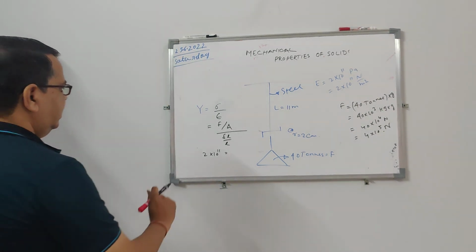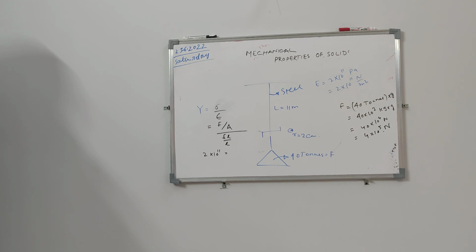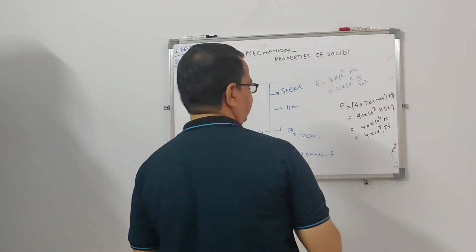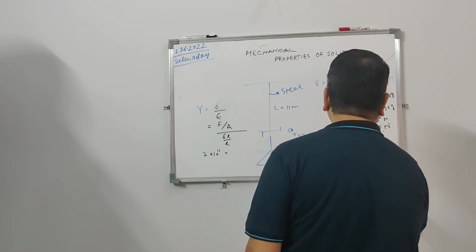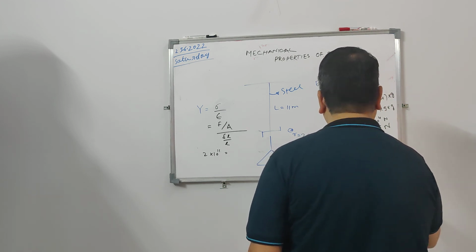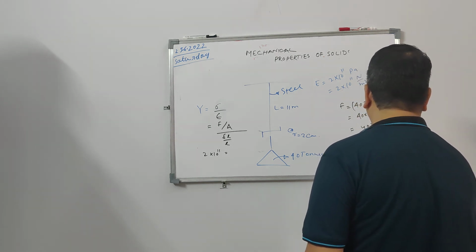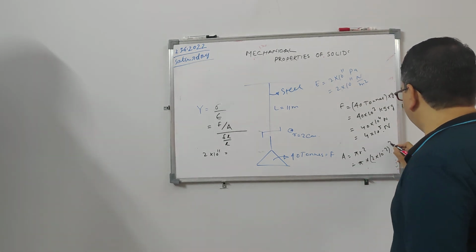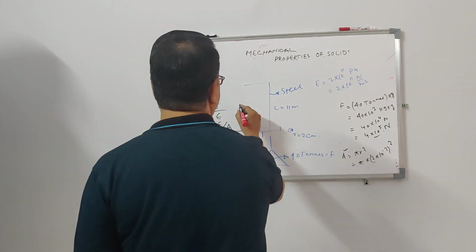Now what are they asking? Delta L. We know the radius is 2 centimeter. So the cross-section area will be pi r square. I can convert centimeter into meter because everything is in meter. So pi into 10 to the power minus 2 whole square. So I know area, I know force, I know the length as 11 meter.